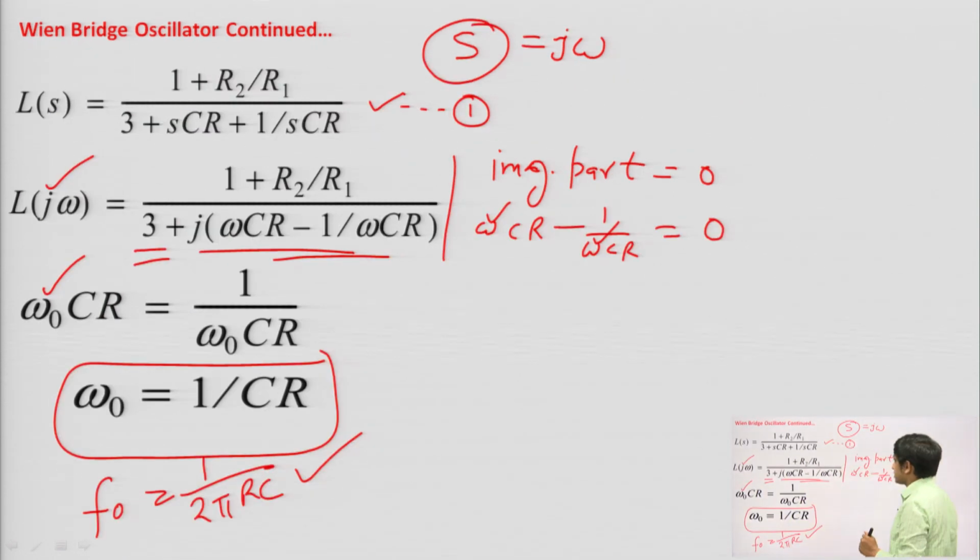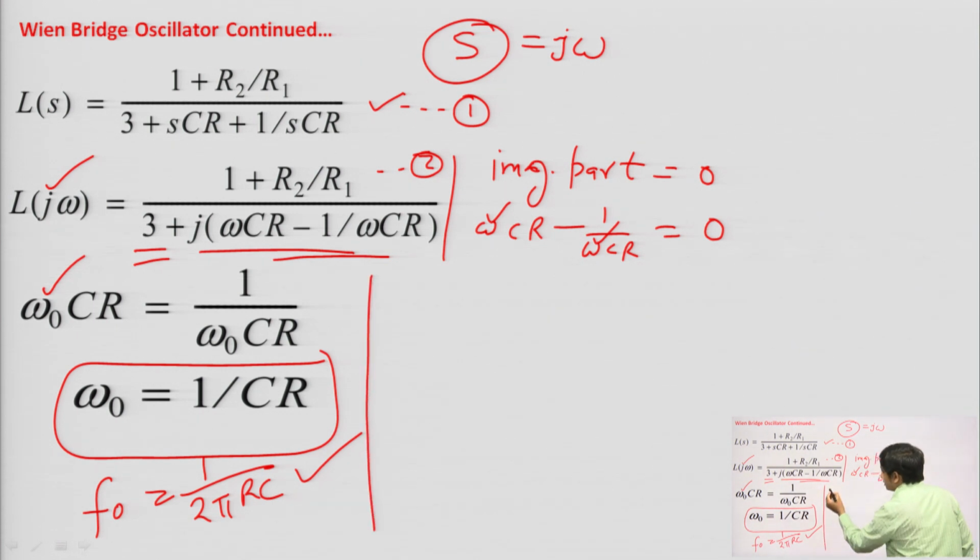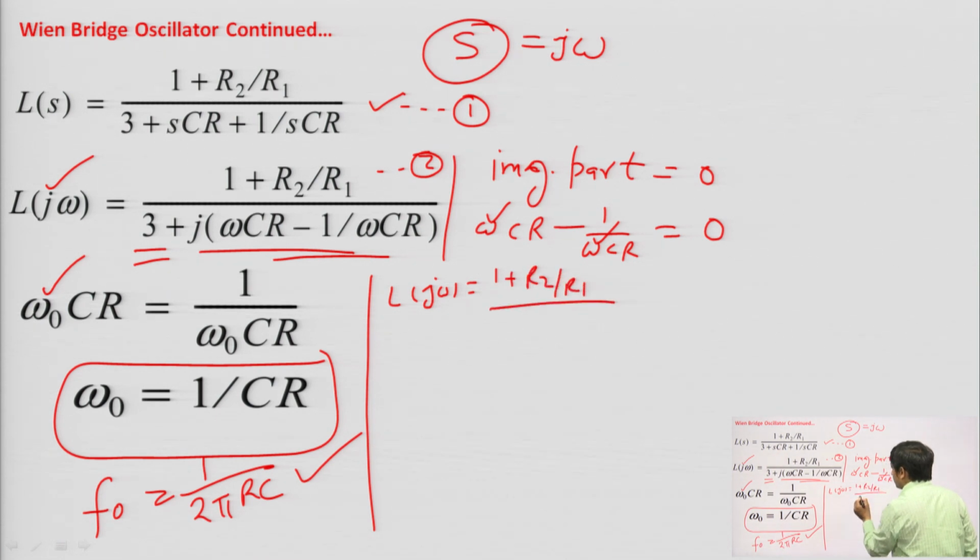Now, see this expression and just refer to equation 2. In equation 2, in the denominator the imaginary part will be 0, because the loop gain is a real quantity, fine. If the imaginary part is 0, then what we will get actually? We will get L j omega is equal to 1 plus R 2 by R 1 upon 3.